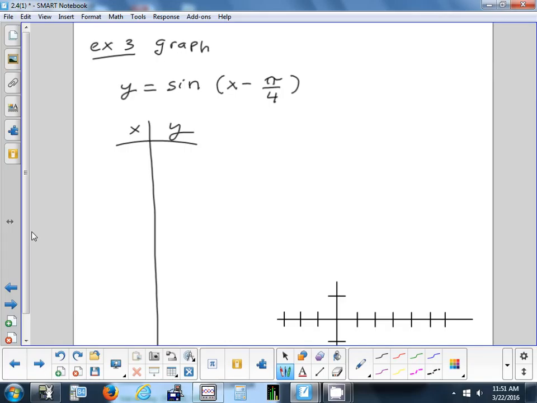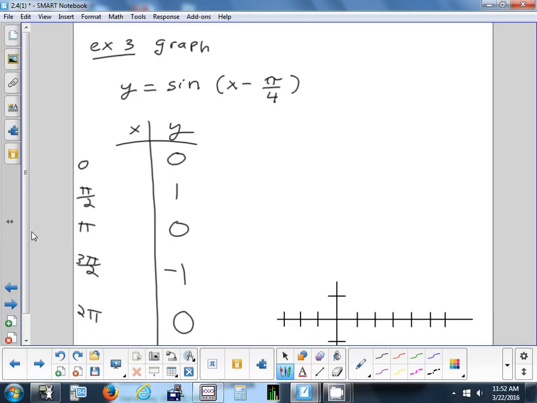Carter, can you remind me, what are my y values for sine? 0, 1, 0, negative 1, 0. Yep. And now we're going to take all the original x's, which are 0, pi over 2, pi, 3 pi over 2, 2 pi.